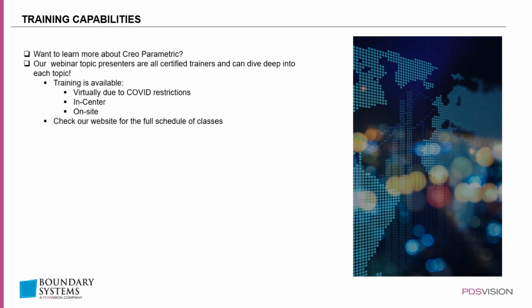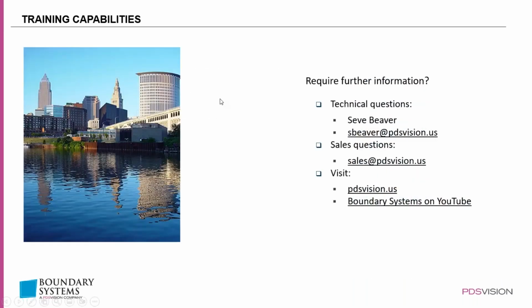The class goes through installing, downloading Creo, the various different types of licenses, managing licenses on the website, managing licenses on computers through FlexNet, setting up start parts, setting up templates for drawings, that sort of stuff. So if you are interested in a class, reach out to either me or our sales team.